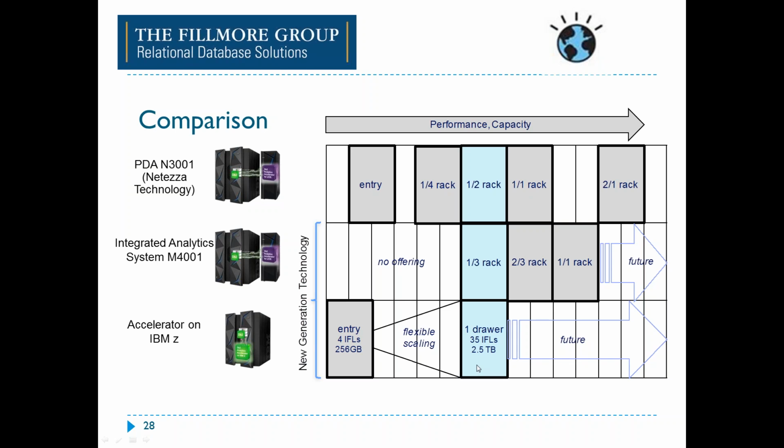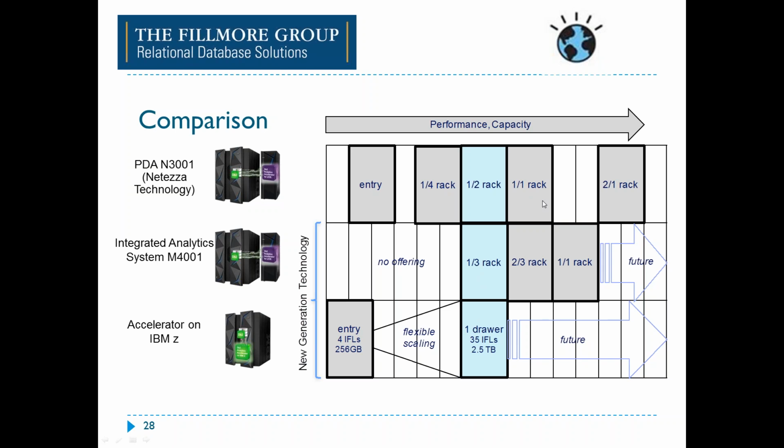Now, the important thing to understand about the Accelerator on Z is that it cannot currently span a drawer of IFLs, meaning that you are capped at one full drawer of the Accelerator on Z, which is equivalent to a half rack of what you had with the PDA, with the Netezza.